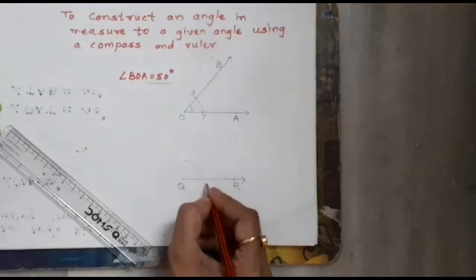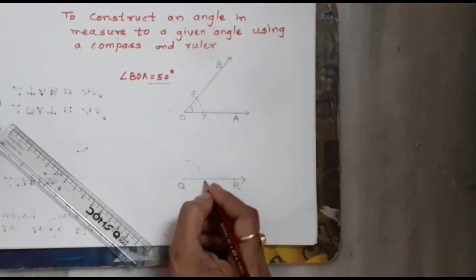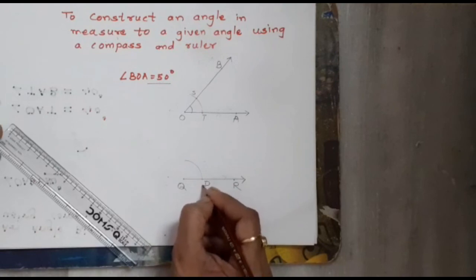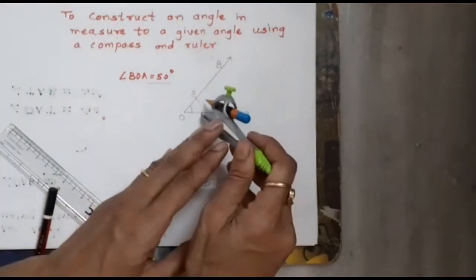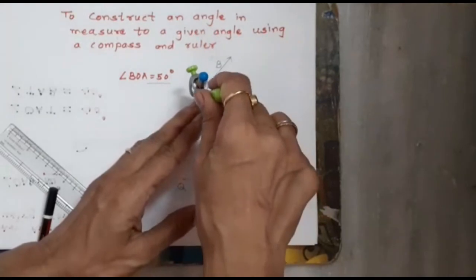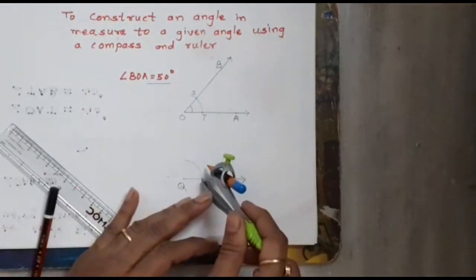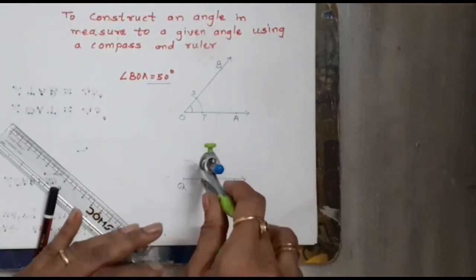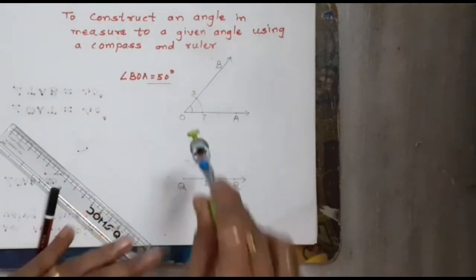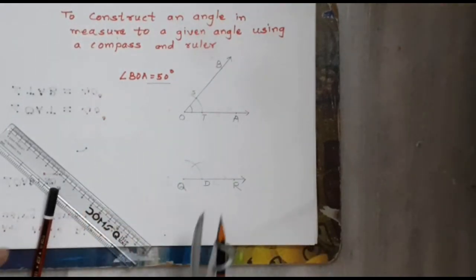Now this intersecting point I am taking as D. So with distance ST, I am putting this compass at point D and trying to intersect this arc.